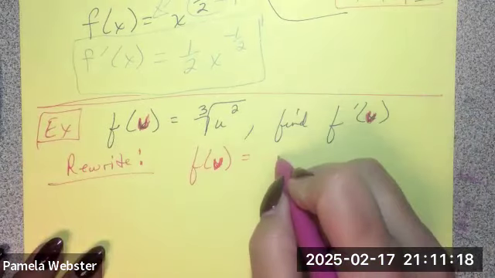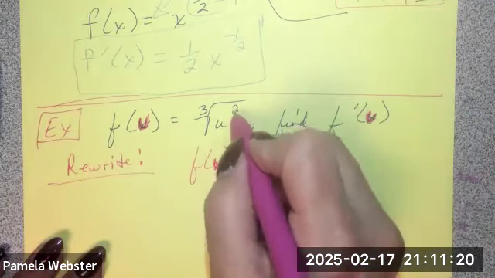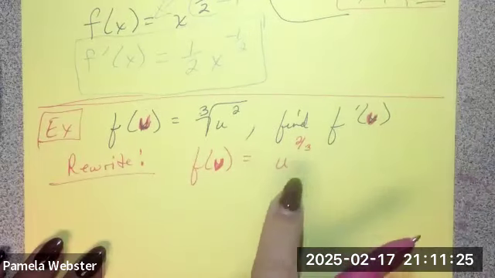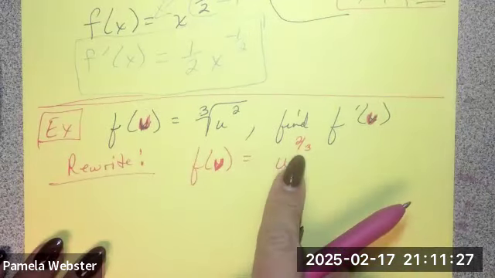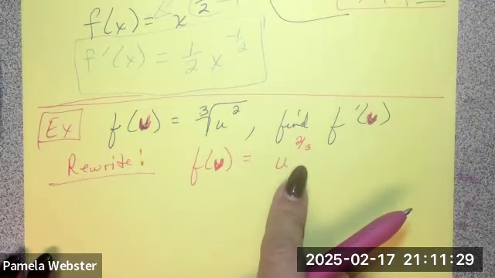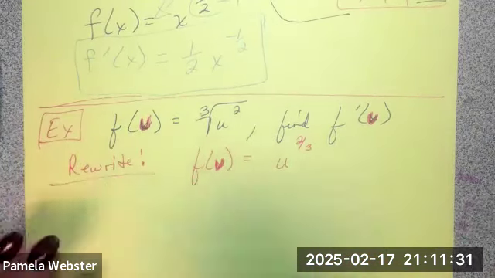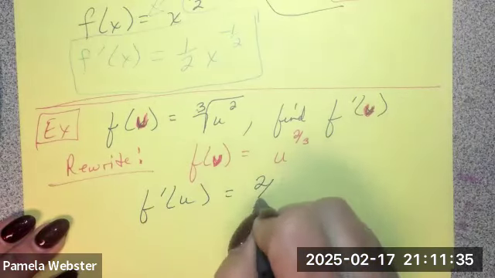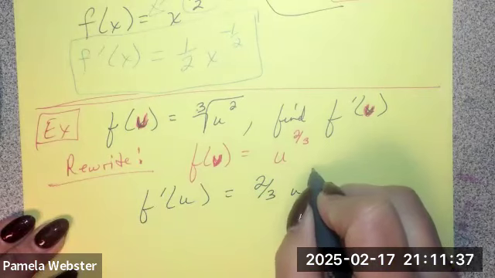Rewrite this. F of u is u to the power of 2, the root is 3. So you can rewrite this as u to the 2/3. That's your fraction. Okay. Once you have it rewritten, I expect everybody can probably use your power rule by now.